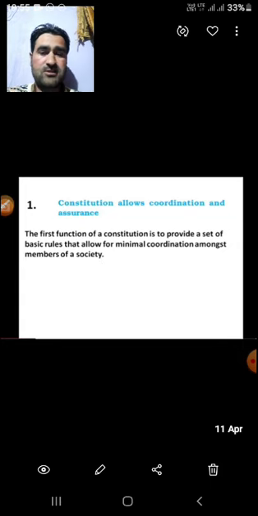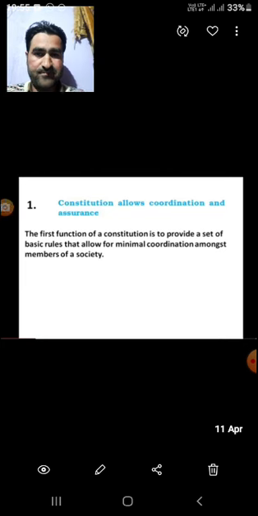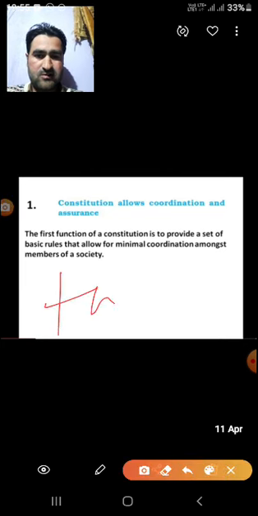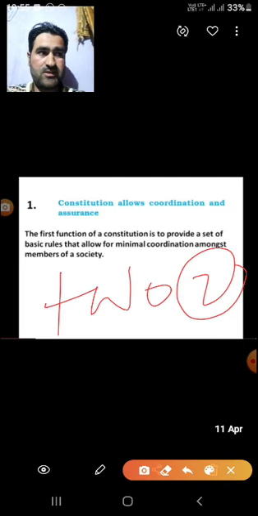Before going to the functions of the constitution, let us try to understand the nature and origins of the constitution. Traditionally, constitutions have been associated with two key functions. First, they were believed to provide a description of government, a neat introduction to major institutions and their roles.